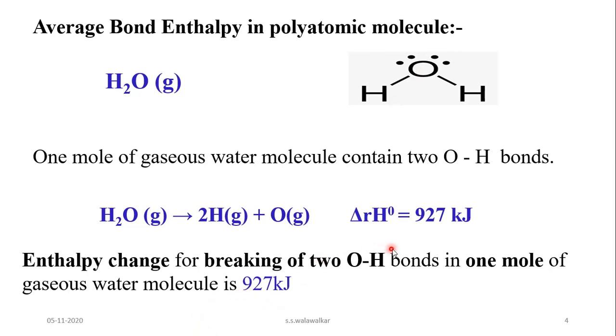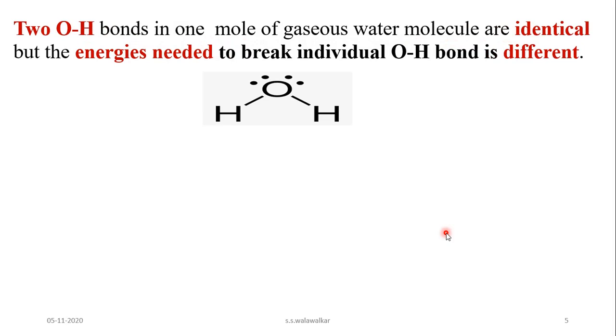Now here the enthalpy change for breaking 2 OH bonds in 1 mole of gaseous water molecule is 927 kilojoules. But here both the oxygen hydrogen bonds are identical, but the energy required to break this OH bond and this OH bond is different.